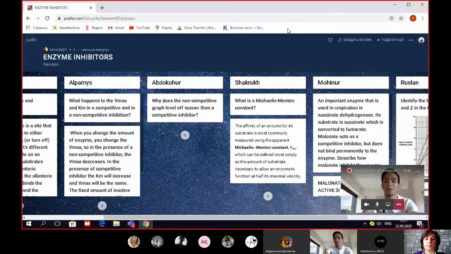Imagine you have 10 working enzymes and then 5 of them are inhibited non-competitively. So you only have 5 working enzymes left. That's the reason why it cannot reach the same Vmax. Okay, so that's a hint.